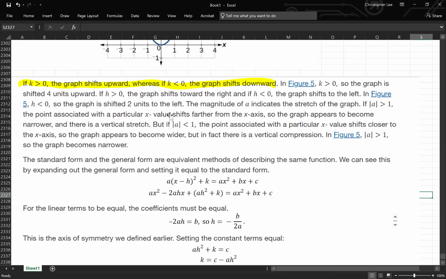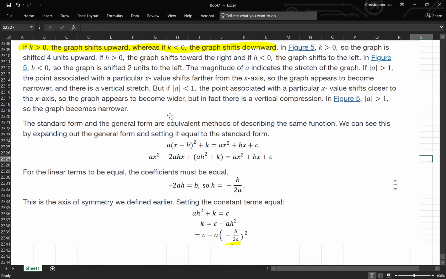But if the absolute value of a is less than one, excuse me, the point associated with the particular x value shifts closer to the x-axis, so the graph will appear to be wider, right? But in fact, there's a vertical compression, right? So in the figure where the absolute value of a is greater than one, the graph becomes narrower.